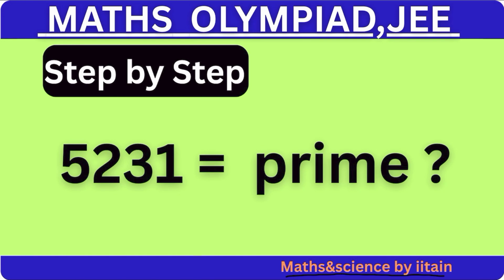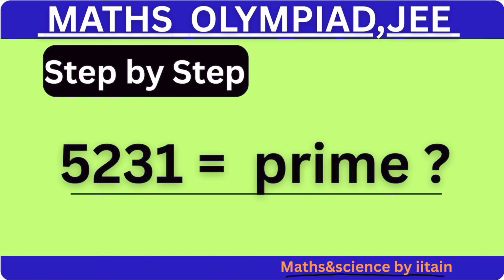Now, as a part of our progression towards number theory, I have explained some examples on number theory, algebra and geometry also. Today, another good example on number theory I have taken up.